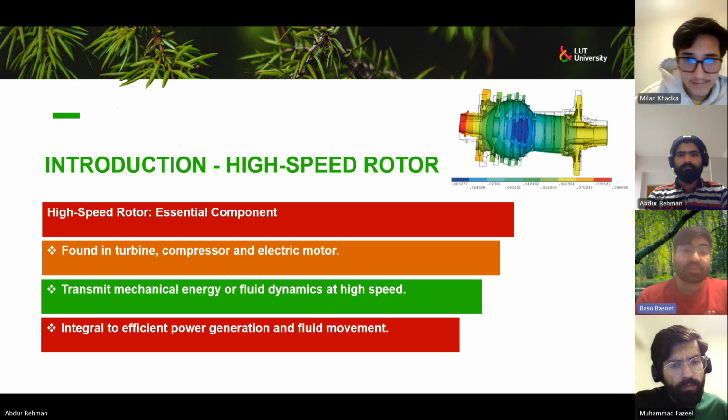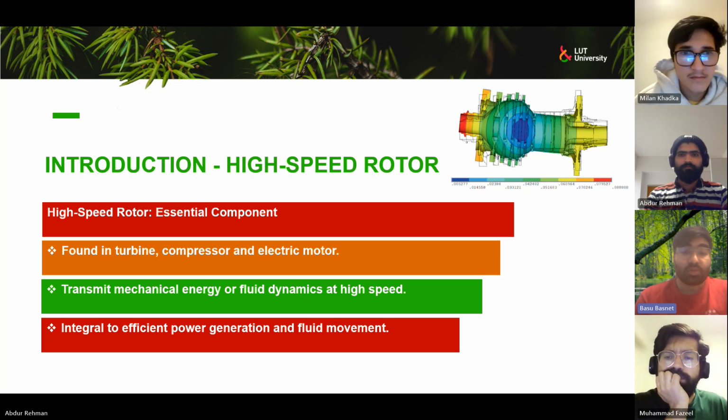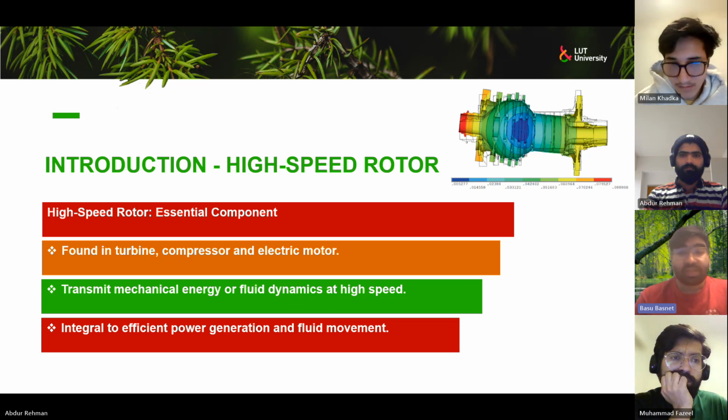For example, in systems like gas turbines and steam turbines, rotors play a vital role in energy generation by converting fluids into mechanical energy. Also, in air compression systems, rotors rapidly spin to compress gases for industrial processes, and high-speed rotors are key to generating mechanical motion from electrical energy in electric motors.